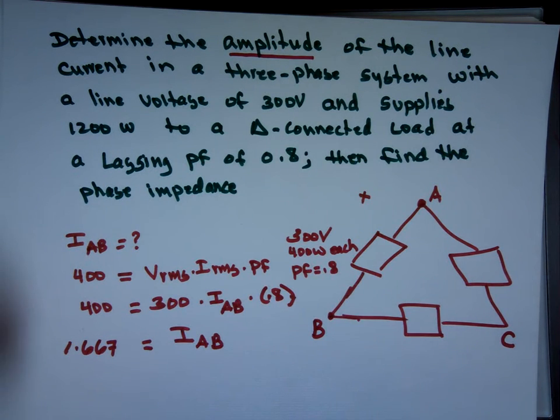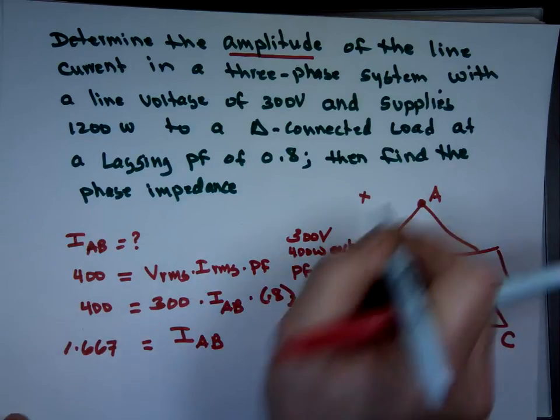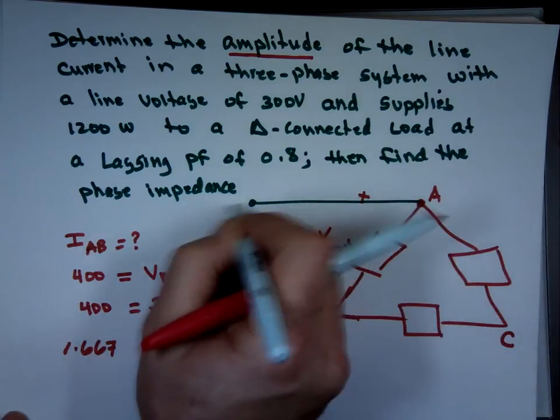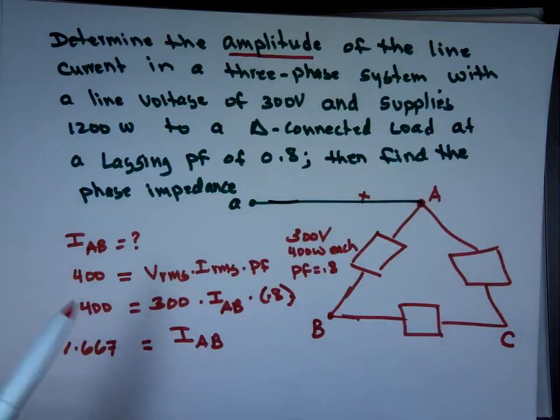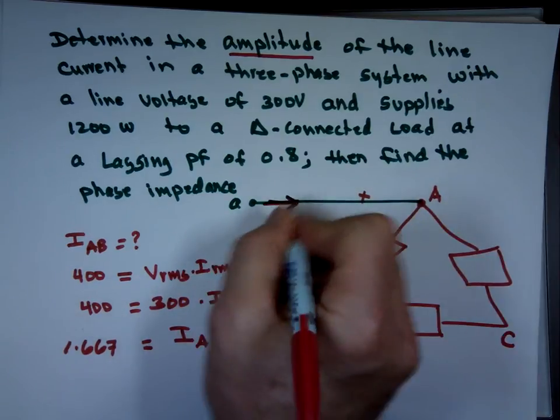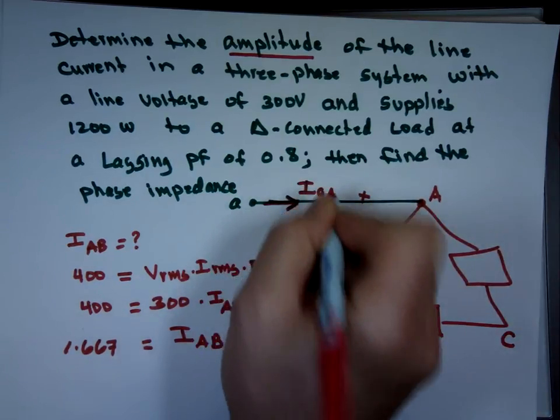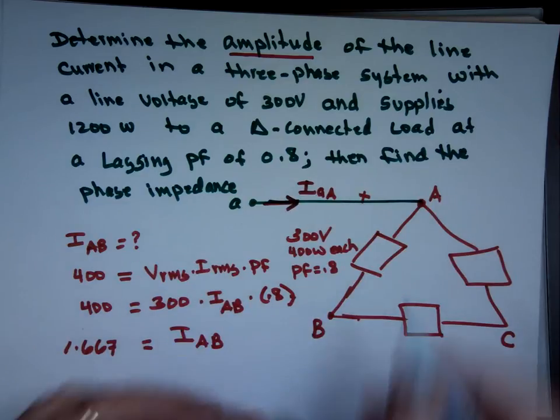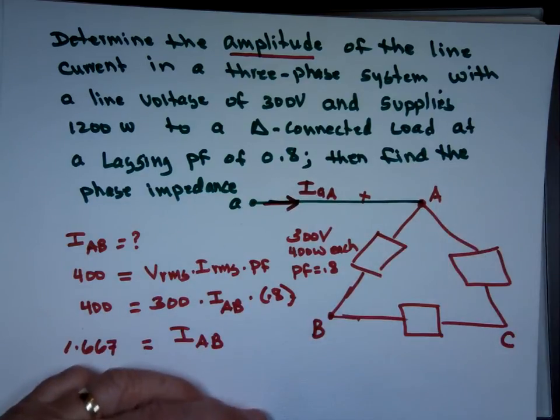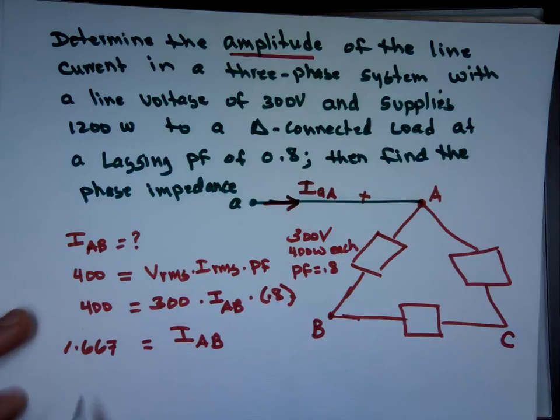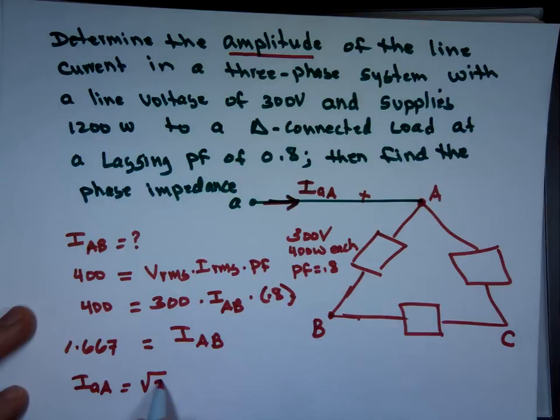What is the line current? They're talking about the current coming from the source, from here, from A. What is that current going that direction? This current is going to split this way and that way. And the magnitude of that current, I sub A, is going to be the square root of 3 times that number per phase. It's always going to be the square root of 3 times that number.